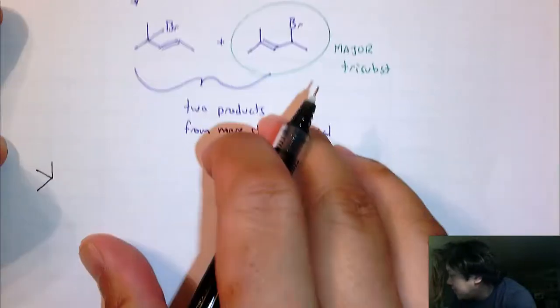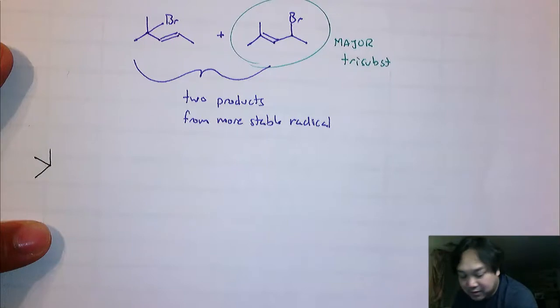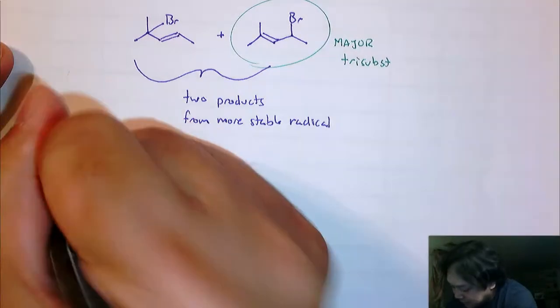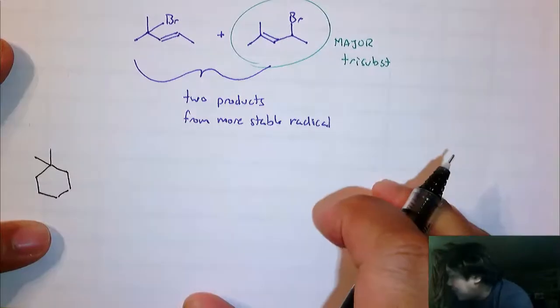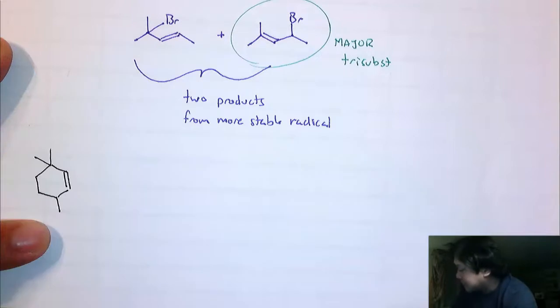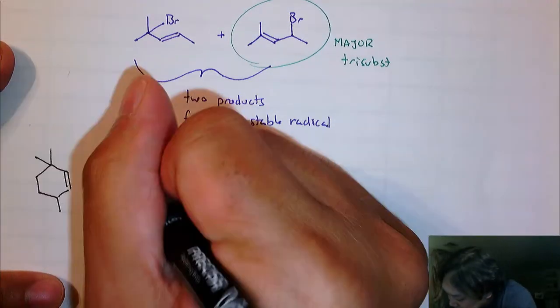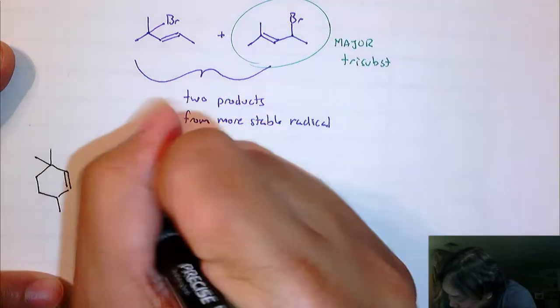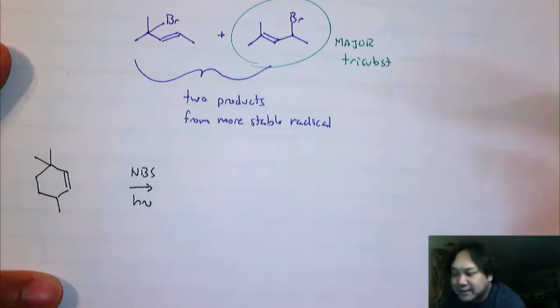But the example that I want to show you is this one here. I kind of drew it sloppily, but that, there, and there. I'll use NBS again. So I'm not going to do the mechanism here.